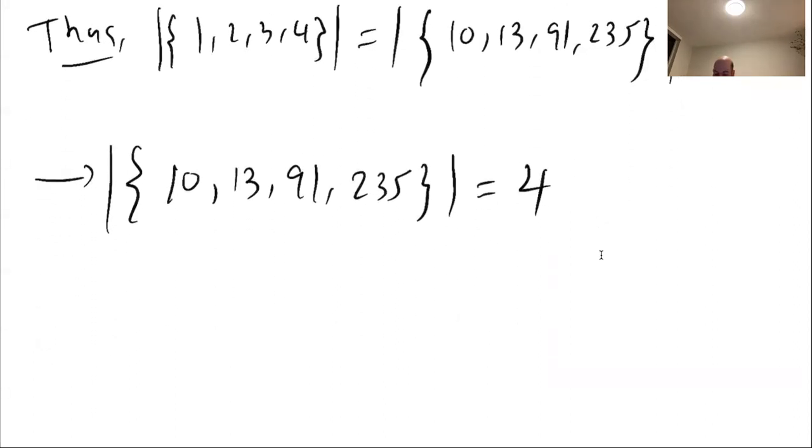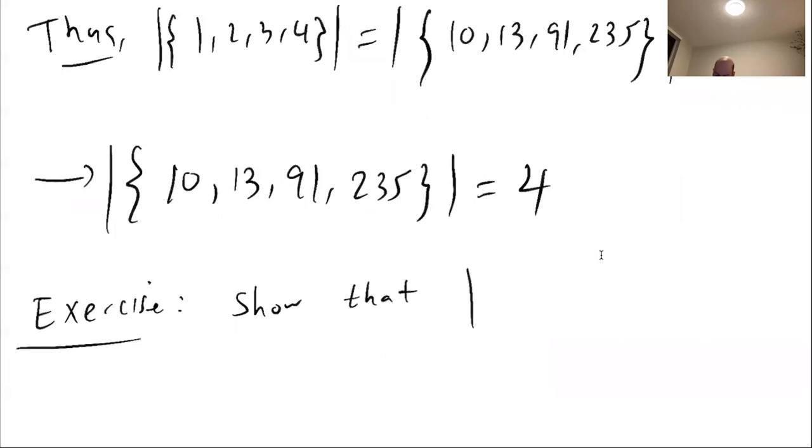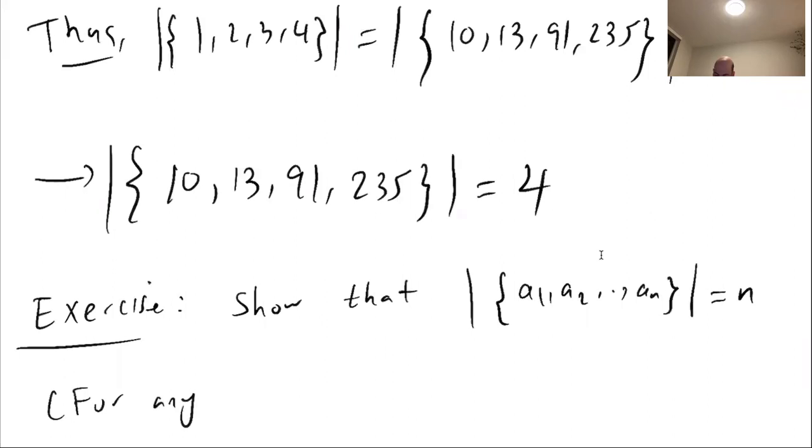So let me leave it as an exercise: show that the cardinality of {A1, A2, ..., AN} is equal to N, for any A1, A2 to AN belonging to R, and any positive integer N.